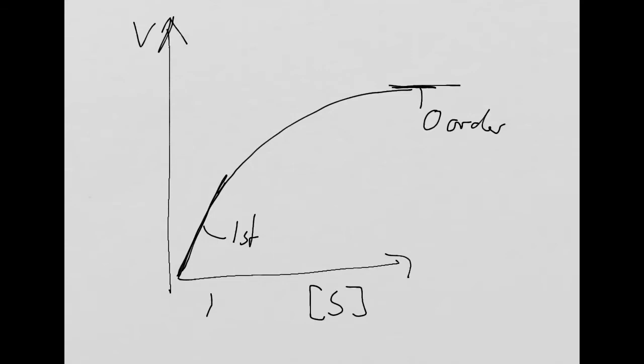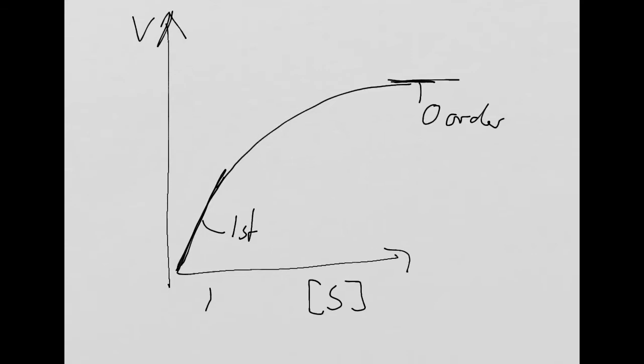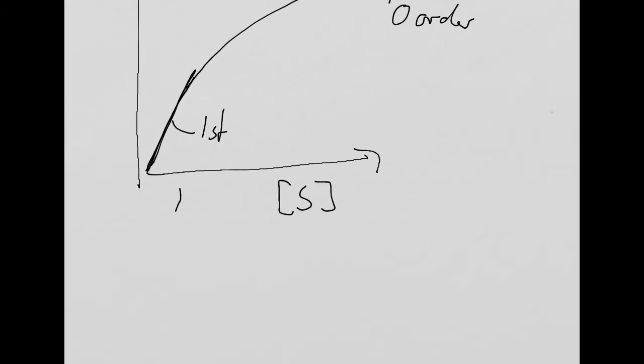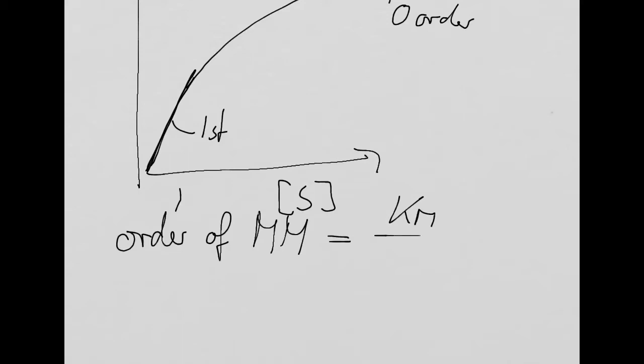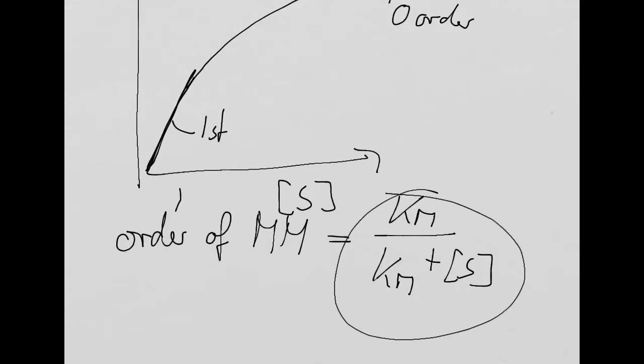And if you do a little bit of maths, which I don't want to subject you to, what you find is that the order of the Michaelis Menten reaction is not a straight number. The order of this reaction depends on Km and S.